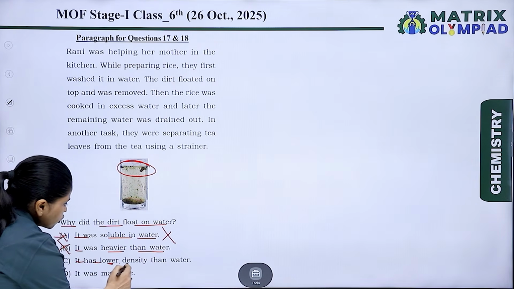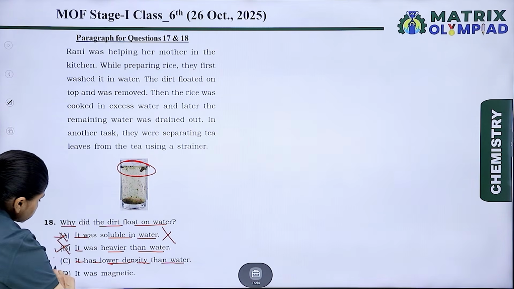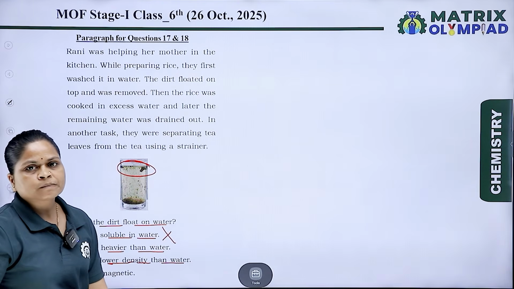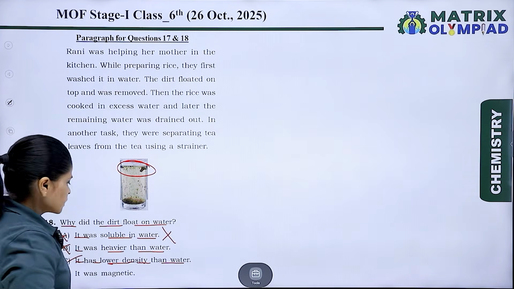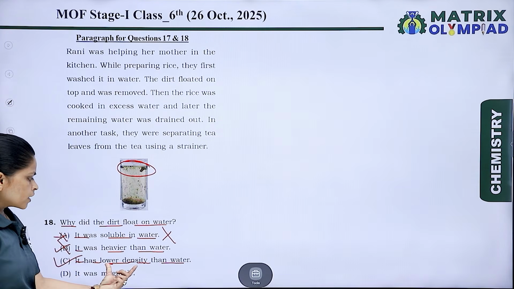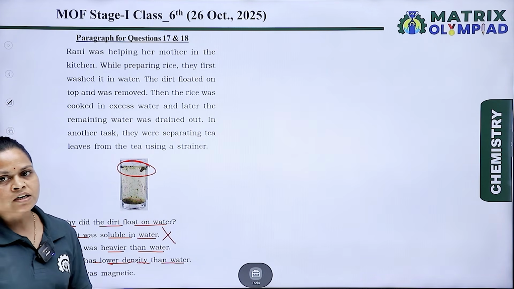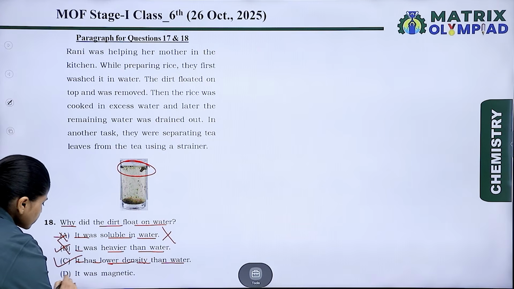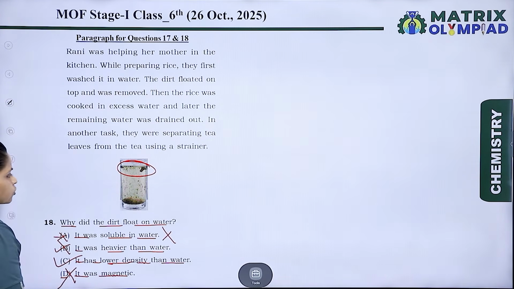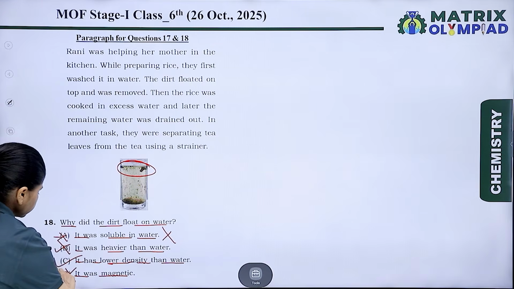It has lower density than water. Yes, this is true for the question, because the dirt is of lower density and lighter as compared to water, so it floats. D, it was magnetic. No, it is again wrong. So the correct option is C.